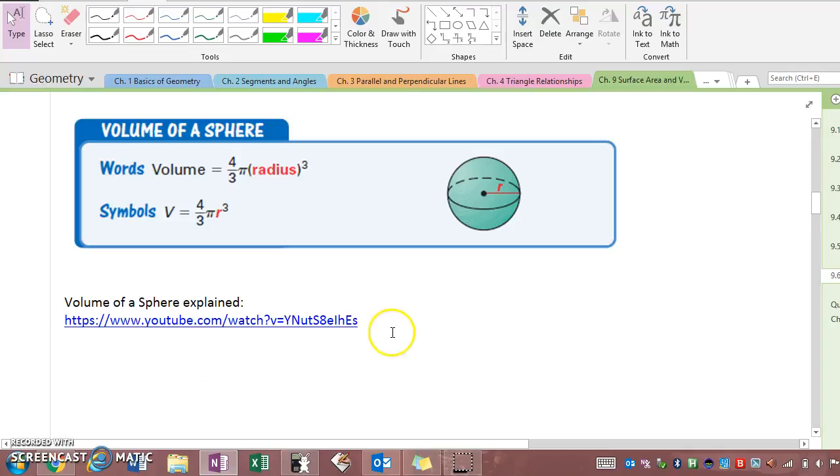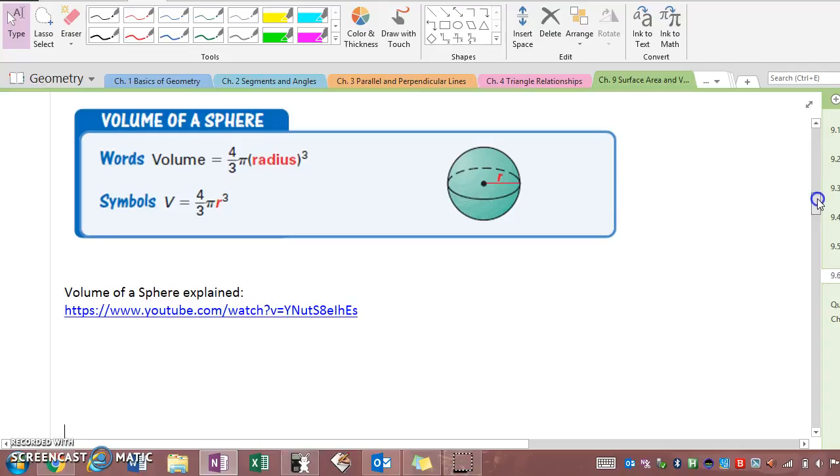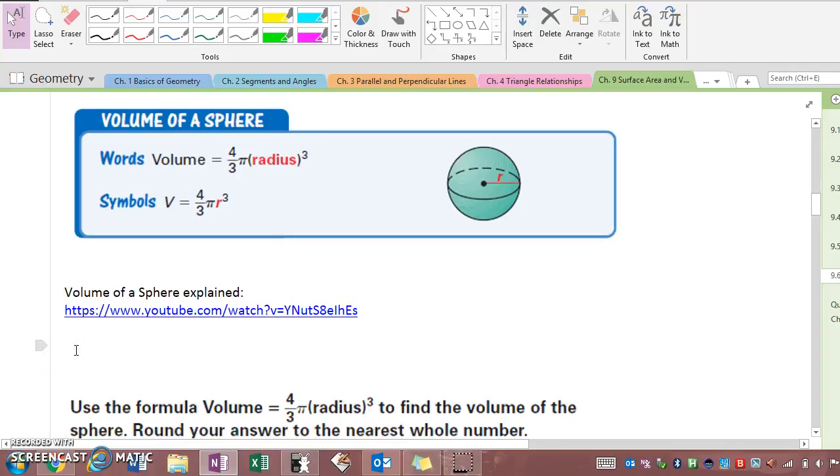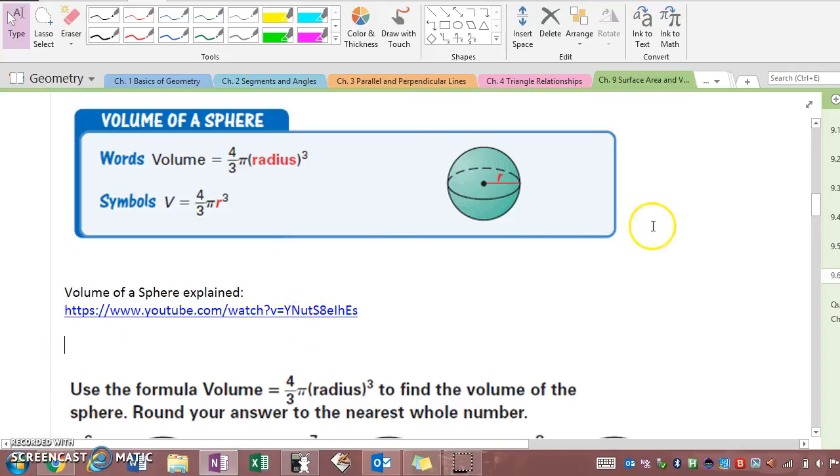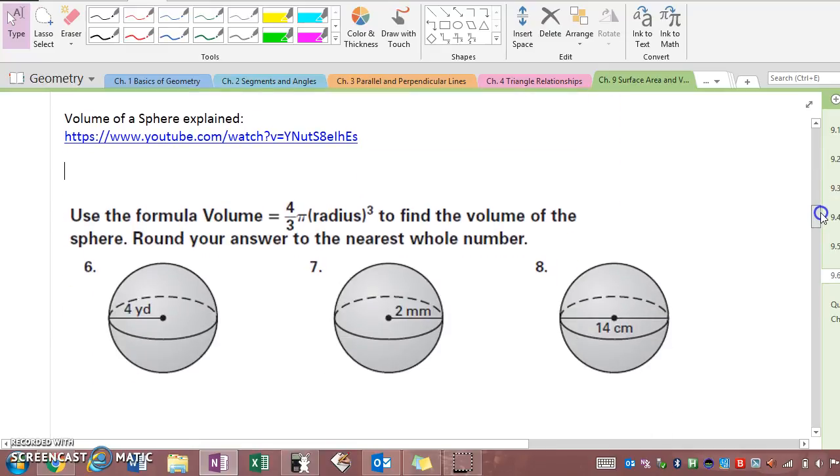Now what's a little bit tricky about this is how you put the numbers in the calculator. You know with a fraction, you typically have to use parentheses, so we're just going to be careful about this. You've got the formula, you have everything you need. All you need to know is the radius, and then you can find your volume. So let's try these.